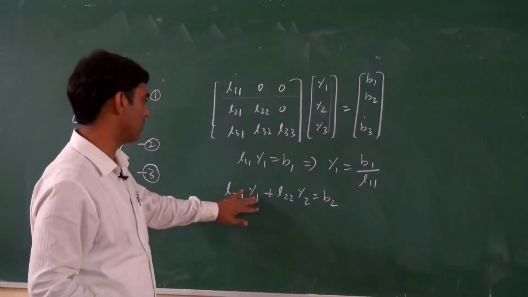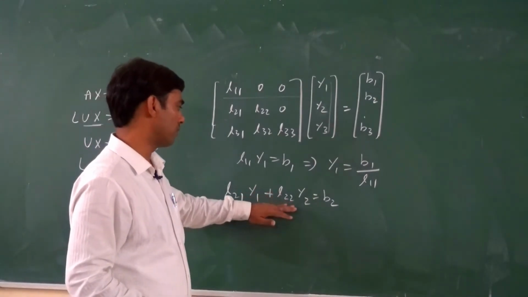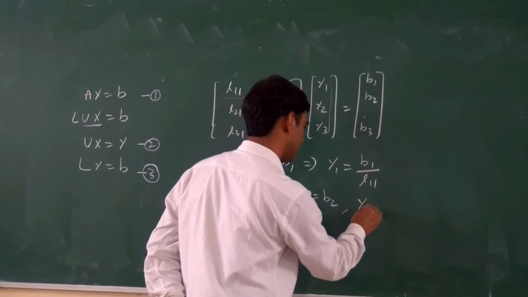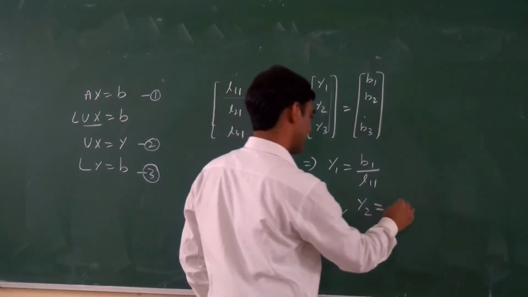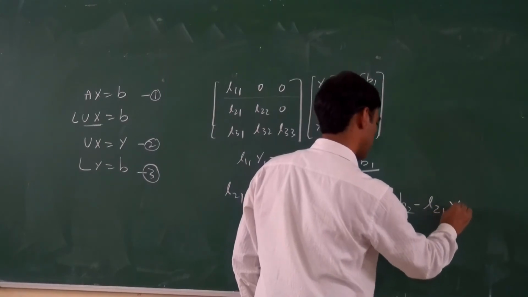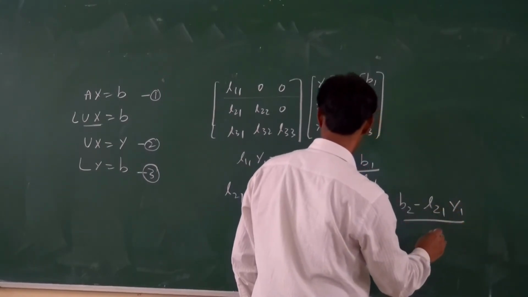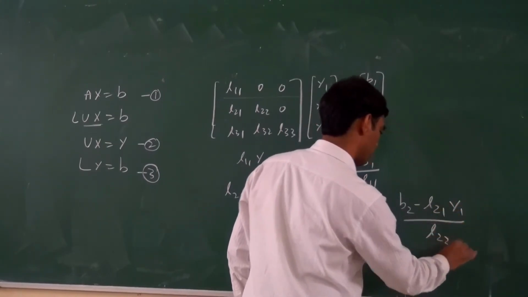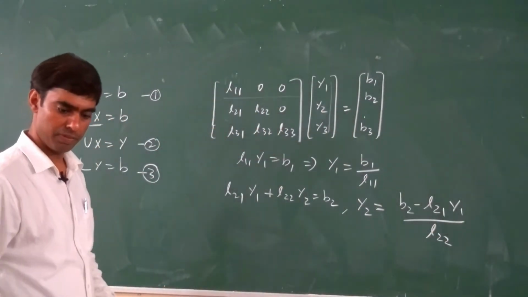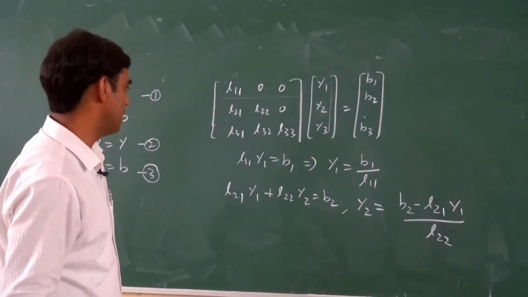Now we have the value of y1, so the unknown is y2. Then y2 equals b2 minus L21 y1, divided by L22. Then we find the value of y2.